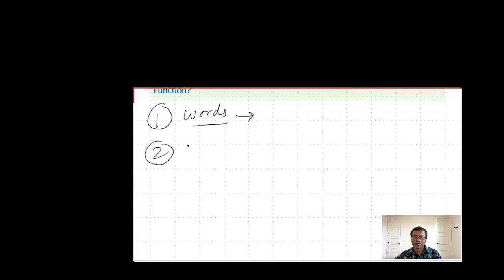The second way of representing a function is as an expression. In the same example, this is how we write it: 1000 times kilometer.